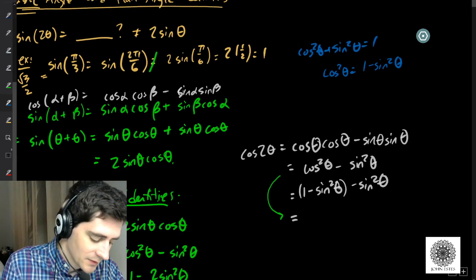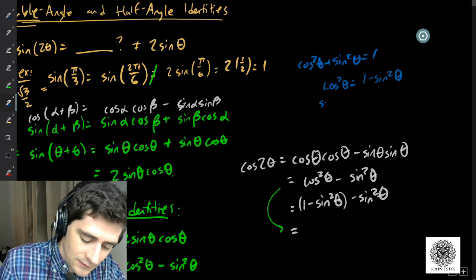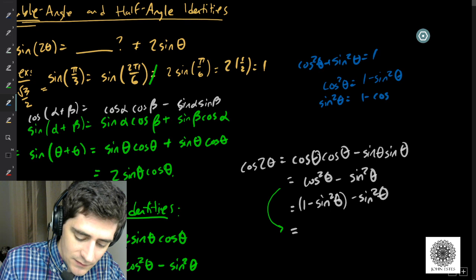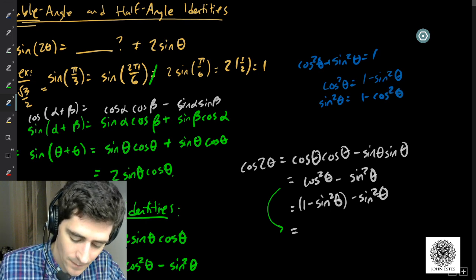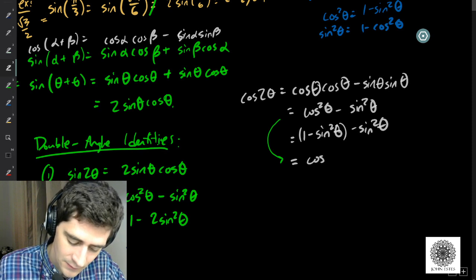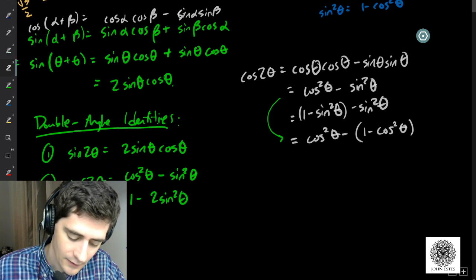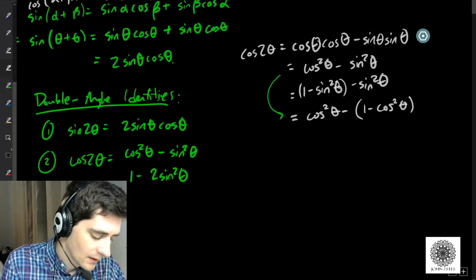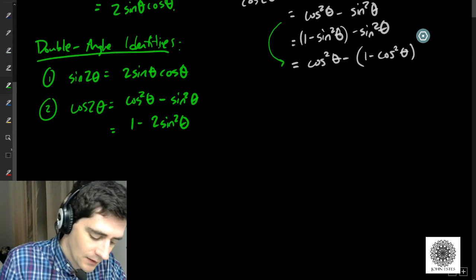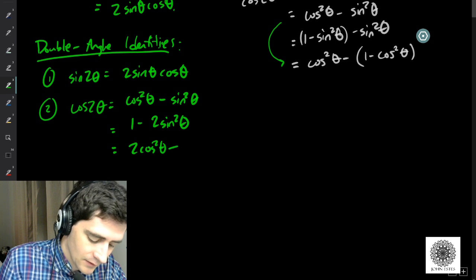So if I come up to my Pythagorean identity, and if I had solved for sine squared instead of cosine, that's 1 minus cosine squared. All right, so then I could say that this is cosine squared minus 1 minus cosine squared. And you distribute your negative and rearrange your terms, and you end up with 2 cosine squared theta minus 1.